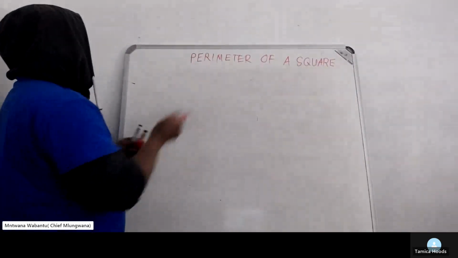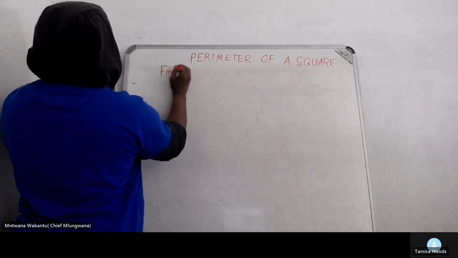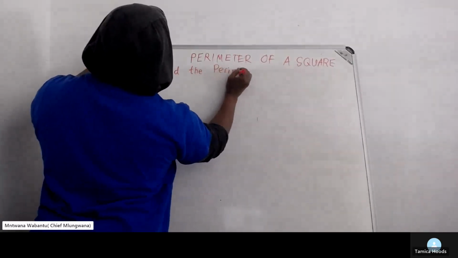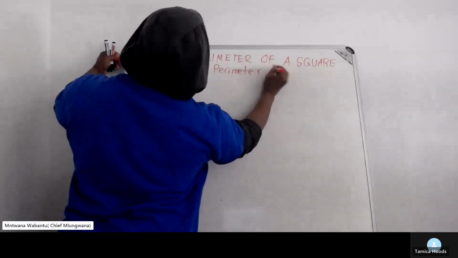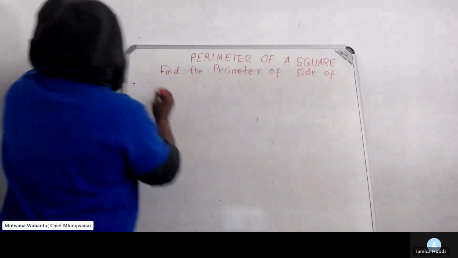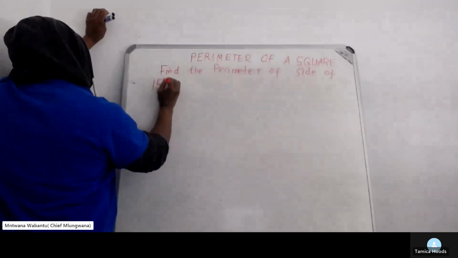Find the perimeter of a square of side 15 centimeters.